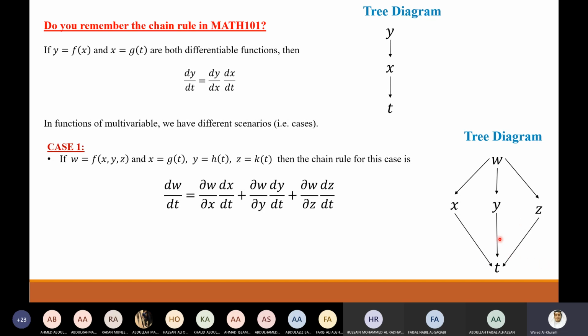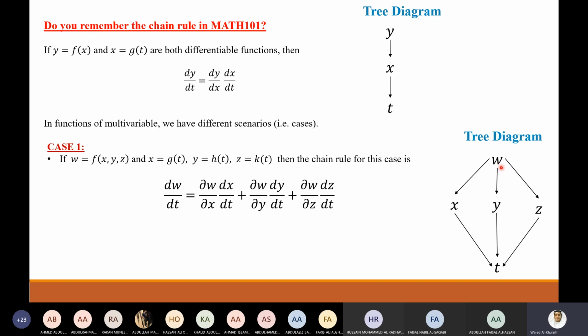Okay. So if we want to find the derivative of w with respect to t, I have to look for all the paths, all the arrows connecting from w to t, all the possible arrows. So you have one arrow in this direction, and this, and this. You have three arrows, three directions, or three roads to connect w to t.